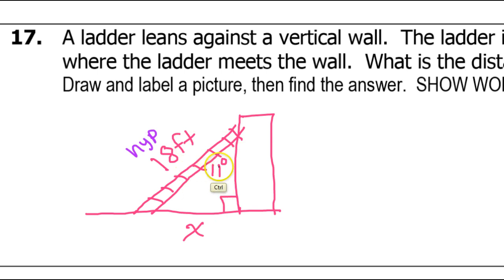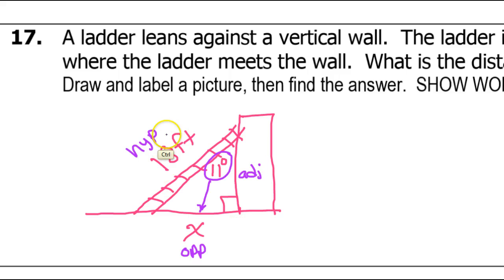Next we circle the angle that we're going to look at, and this is the only angle we got. Across from the angle will be the opposite leg. Right next to the angle is called the adjacent leg.